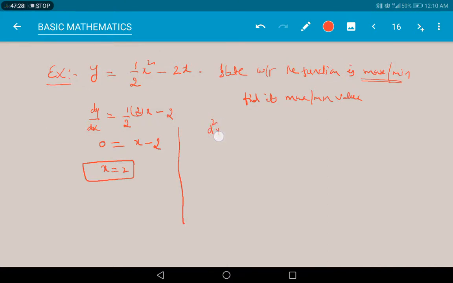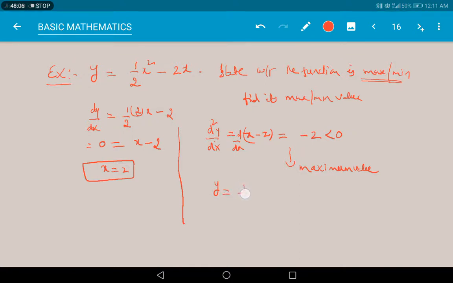So d square y by dx square is d by dx of x minus 2, therefore minus 2. So minus 2 is less than 0. If it is less than 0, that means the function has a maximum value.